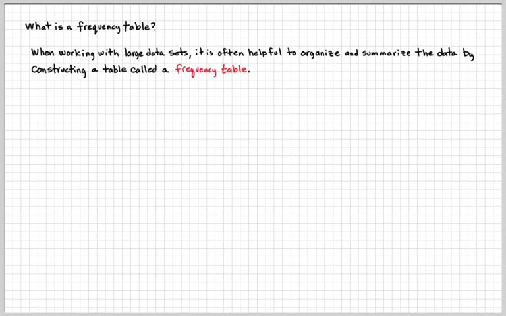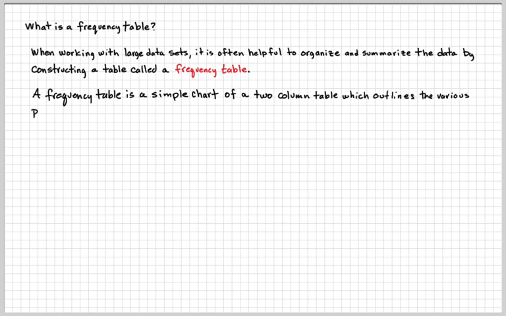Now, there are many different types of frequency tables again, but this is for discrete values. Keep that in mind. A frequency table is a simple chart of two columns or a two-column table which outlines the various possible outcomes from the data set and associated frequencies observed. So two columns. The first one's the data, the second one is the frequency.